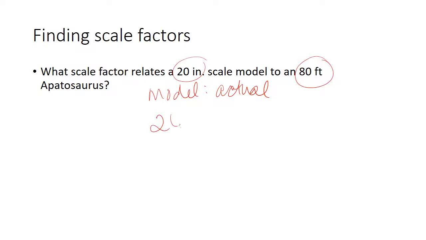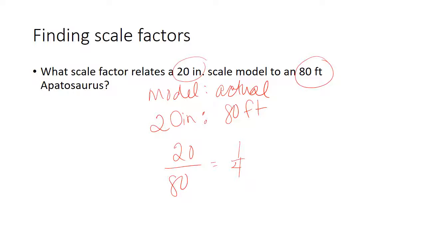I'm going to say that my model is 20 inches and my actual dinosaur is 80 feet. I'm going to write it as a fraction, 20 over 80. To find the scale, I'm just going to reduce it. So 20 over 80 reduces down to 1/4.